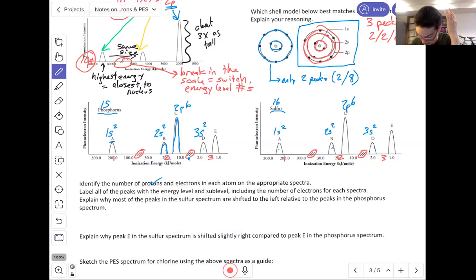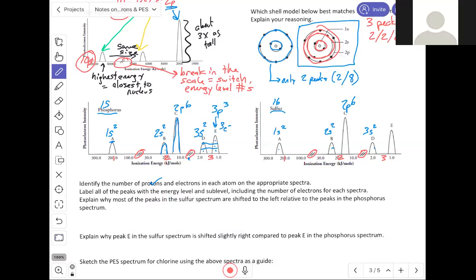So the D peak kind of hits over to there. So you can imagine that this is like 1, 2, this is like 1, 2, 3. So I'm going to estimate that this E peak holds 3 electrons. That's kind of how you have to do it. It's not an exact science, it's just kind of a rough estimate. And since we're still in the third energy level, we know that E then must be 3p3.